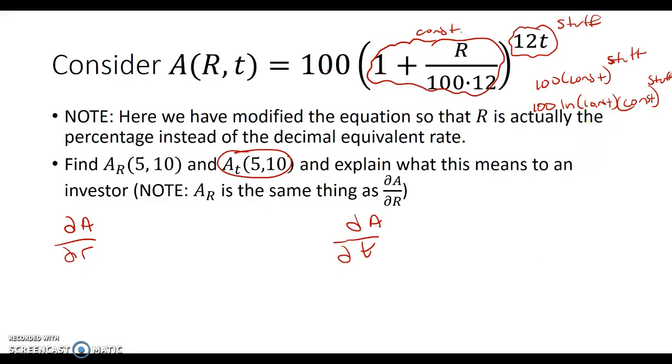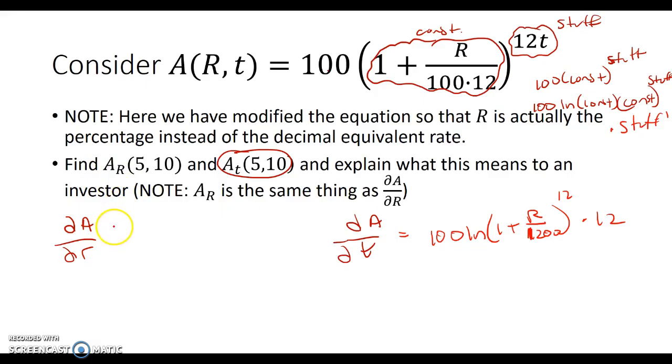So I have to multiply that whole thing by stuff prime. Let's put it all together. That means I have 100 times the natural log of the constant. The constant is everything in parentheses because r is being held fixed. So that's 100 times 12, or 1200, to the stuff, which is 12t, times the derivative of stuff. The derivative of 12t is just 12. And I am done. That's the derivative of a with respect to t.